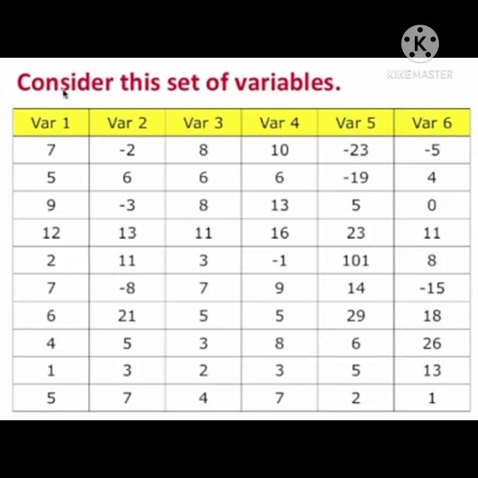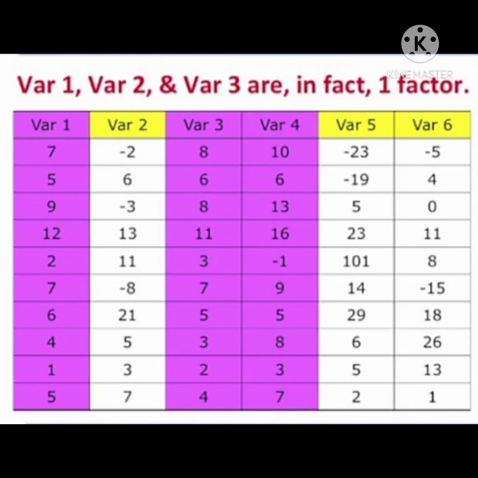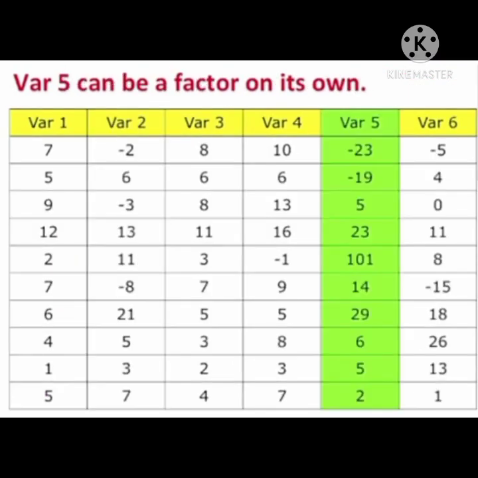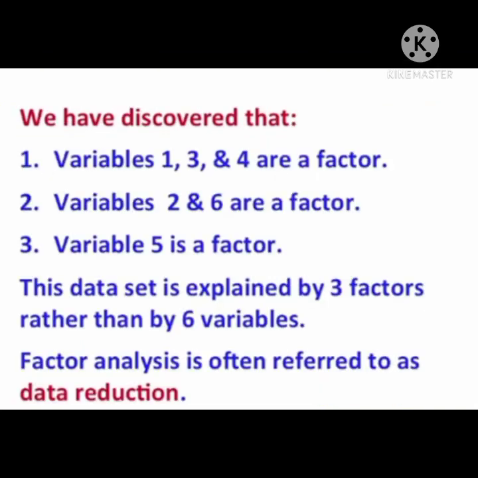So consider this set of variables from variable 1 to variable 6. Variable 1, variable 3, and variable 4 are in fact one factor. Variable 2 and variable 6 are another factor, and variable 5 can be a factor on its own.